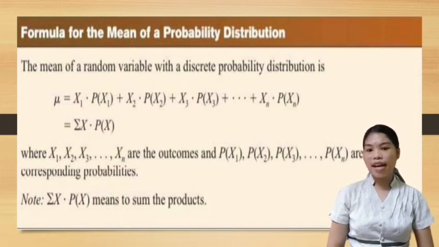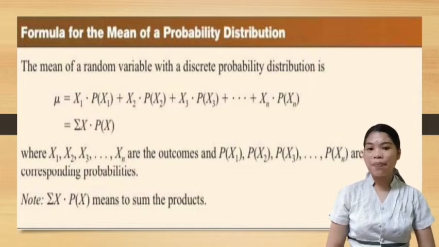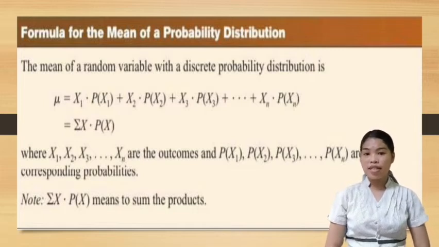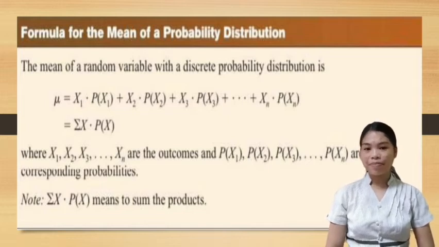So the x in the formula is the possible outcome and the P of x is the probability.